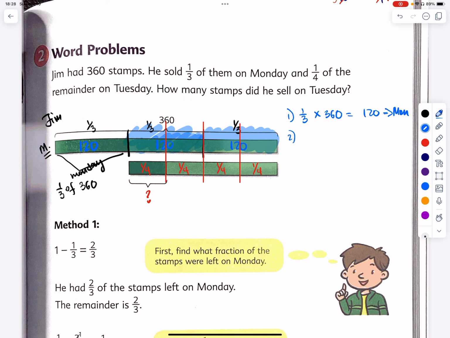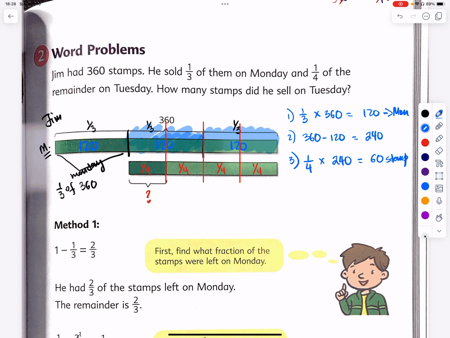Well, we can say 360 minus 120, which we already see from the drawing, is 240. That's the part that was remaining. And what happened to these 240 stamps? 1/4 of the remaining 240 was sold on Tuesday, which is the same as 60 stamps, right?